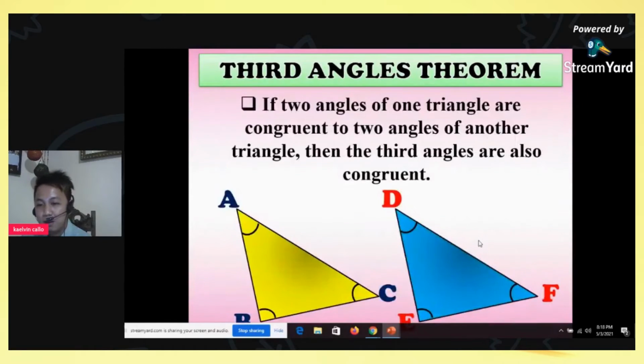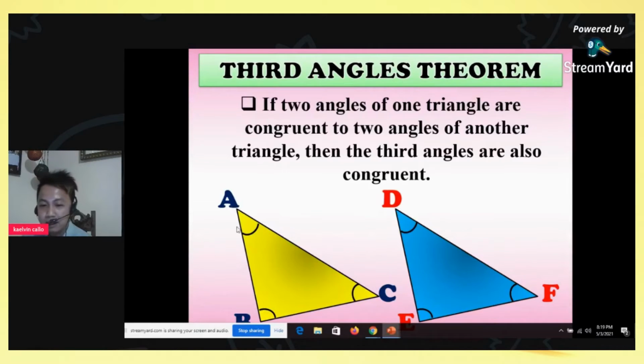Third angles theorem. If two angles of one triangle are congruent to two angles of another triangle, then the third angles are also congruent. So in here, your angle A is congruent to angle D. Angle B is congruent to angle E. Now, your angle C should be congruent to angle F. Why?